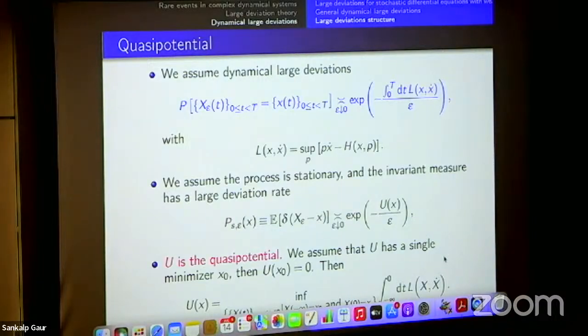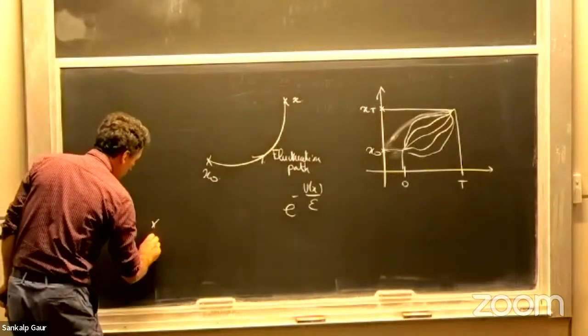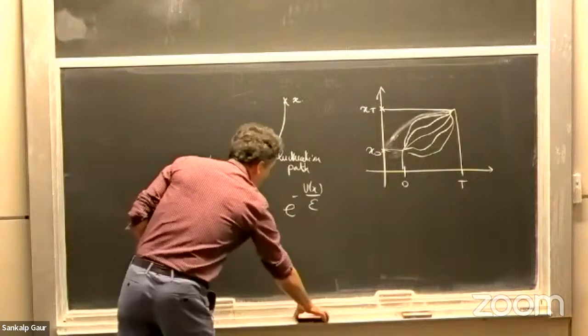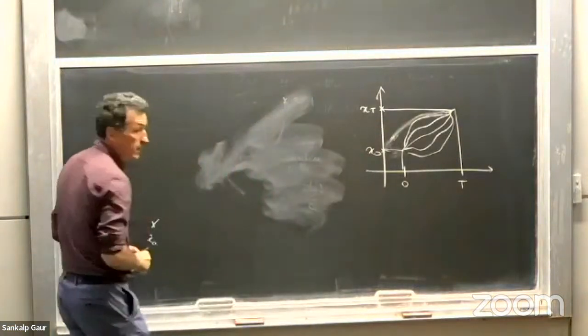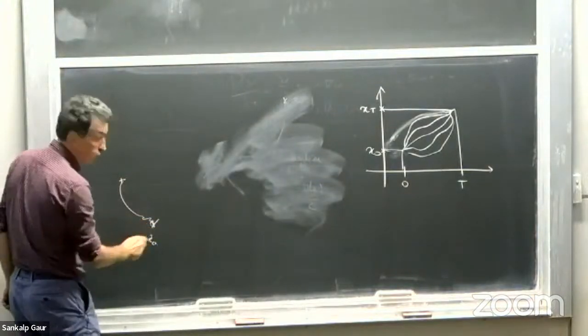So it means that what happens in practice is that you have your attractor x naught. You start from anywhere in your phase space. You will soon converge to x0, okay?